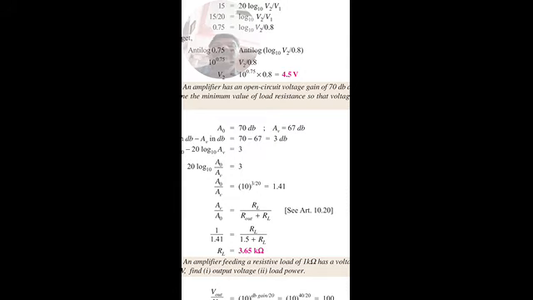So AV corresponds to the RL, and A0 is the overall output voltage gain, Rout plus RL. RL we don't know, so substituting Rout, AV by A0 is 1.41, from which we can calculate RL, that is equal to 3.65.